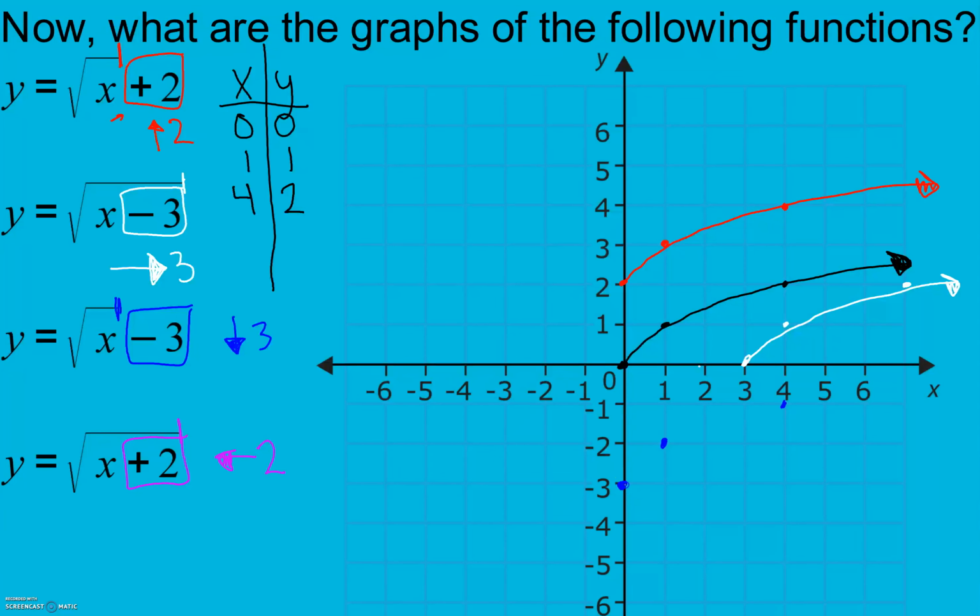Or from our, kind of like our vertex, we can go over 1, up 1, over 4, up 2, instead of over 2, up 4, like a parabola. Again, it's the inverse, so we swap those values. And then left 2.